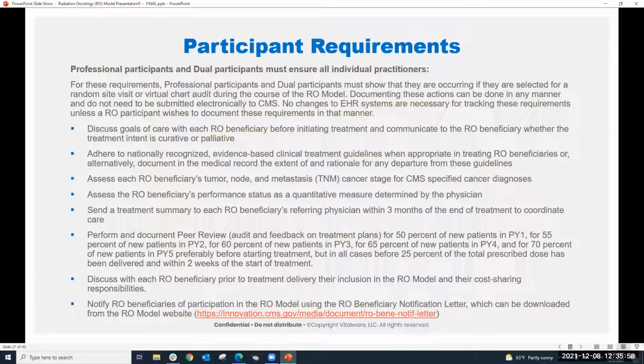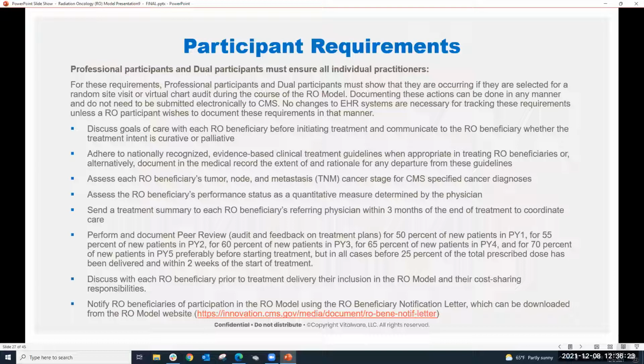Assess each RO beneficiary's tumor, node, and metastasis cancer stage for CMS specified cancer diagnoses. Assess the beneficiary's performance status as a quantitative measure determined by the physician, and then send a treatment summary to the referring physician within 3 months to coordinate care.